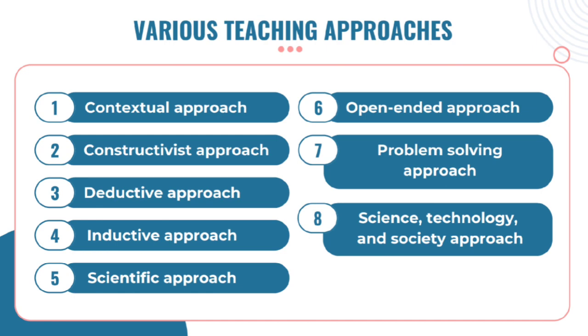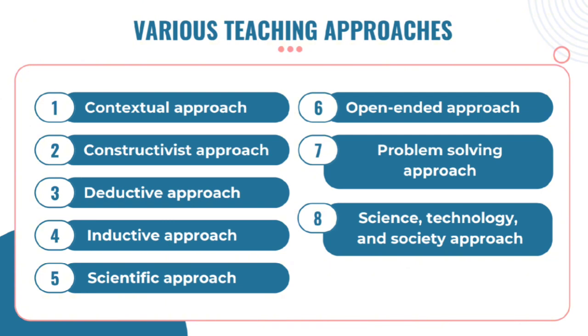The science, technology, and society approach in education emphasizes the close interaction between science, technology, and society as an interconnected unit. This approach doesn't just study science and technology as separate disciplines, but also considers the social impacts, ethics, and implications of scientific and technological advancements on society.